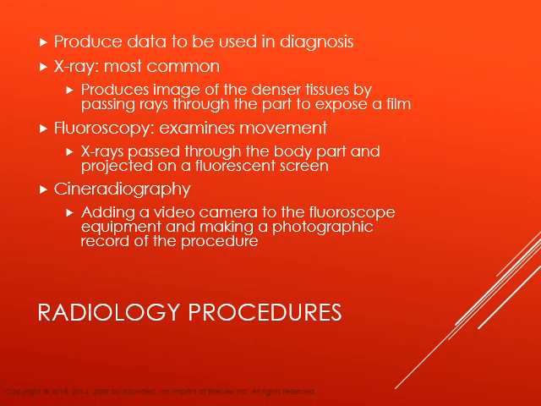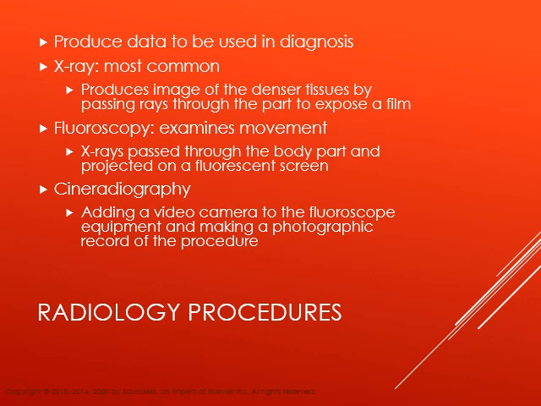There are various types of radiology procedures. These procedures are used to produce data to be used in diagnosis. The most common one many of us are familiar with is called the X-ray, and the X-ray produces images of the denser tissue by passing rays through the part to expose a film. X-rays are safe to use because the exposure is brief and the rays do not penetrate deeply into the tissue.